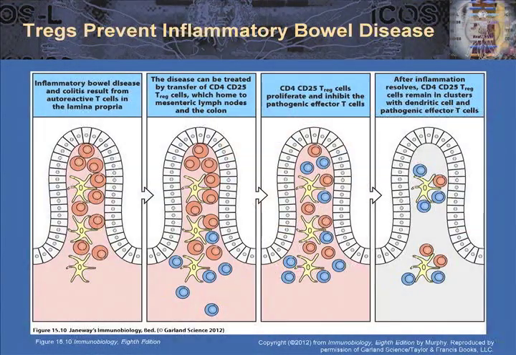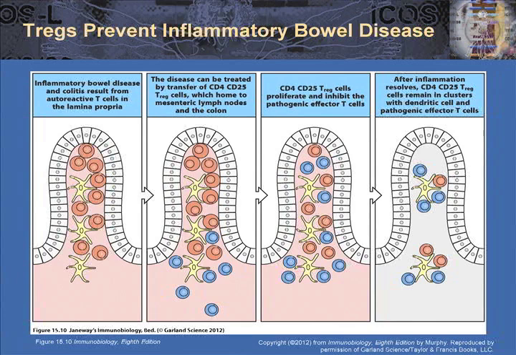Now, in a disease like inflammatory bowel disease, and in our patient who has significant enteropathy, there may be a defect in T regulation. What has been shown in mouse models of inflammatory bowel disease is that T regulatory cells may actually prevent inflammatory bowel disease.